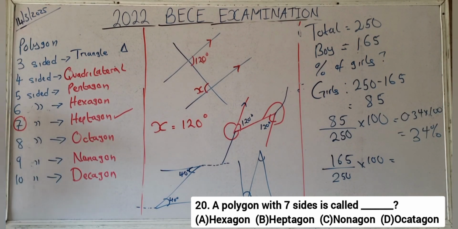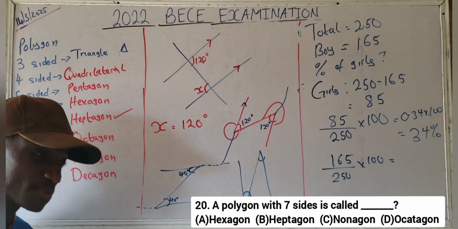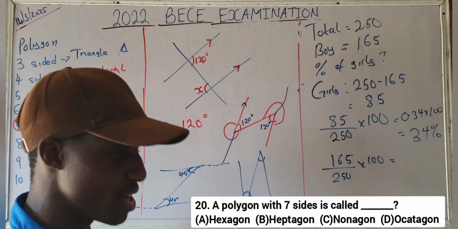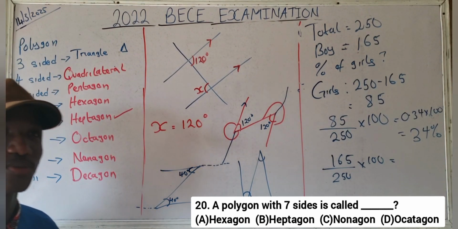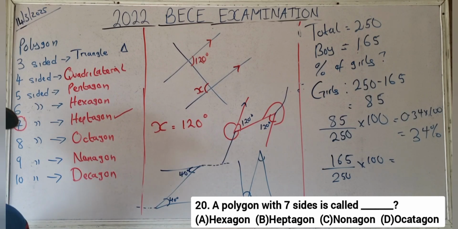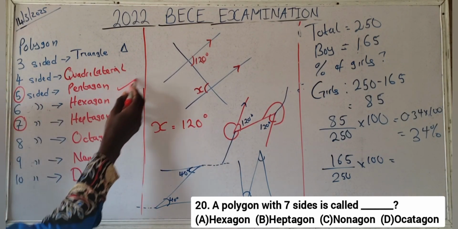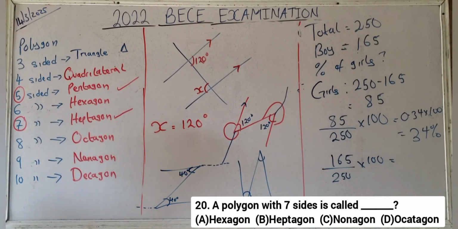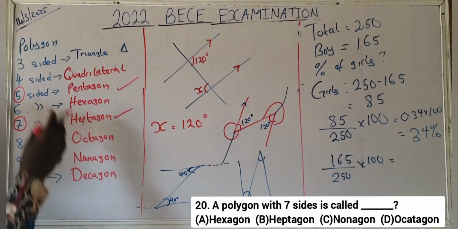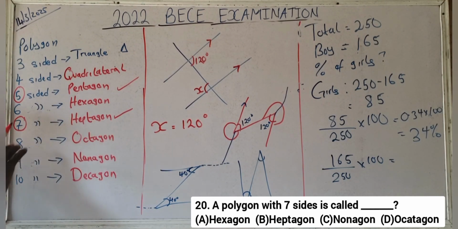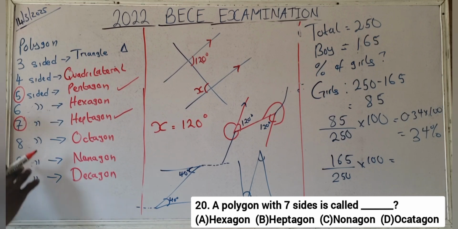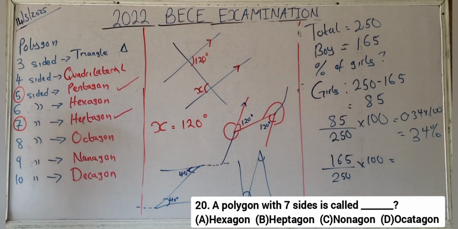So if you come across a question that says a polygon with 5 sides is called dash, and the options are nonagon, decagon, heptagon and pentagon, the right option is pentagon, because a pentagon has 5 sides and 5 angles. You might not be given heptagon again; you may be asked about a polygon that has 8 sides, called octagon. So master this.